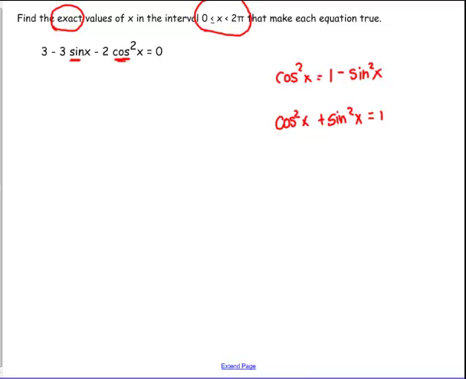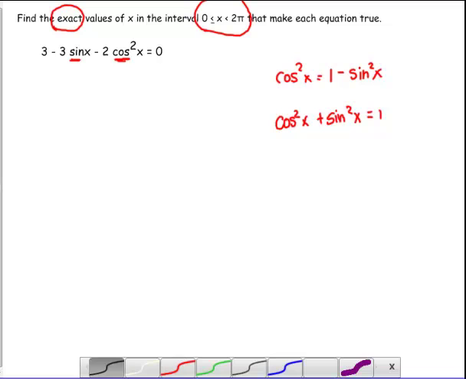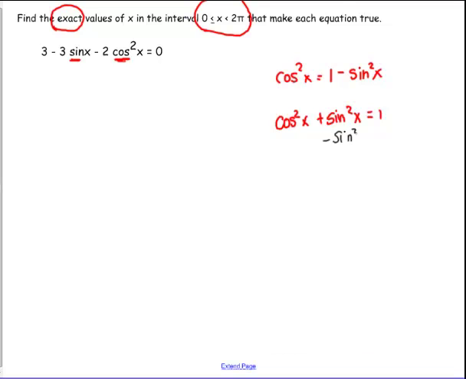If I take the sine squared x, I can move it to the other side. And that's where I get cosine squared x equals 1 minus sine squared x.